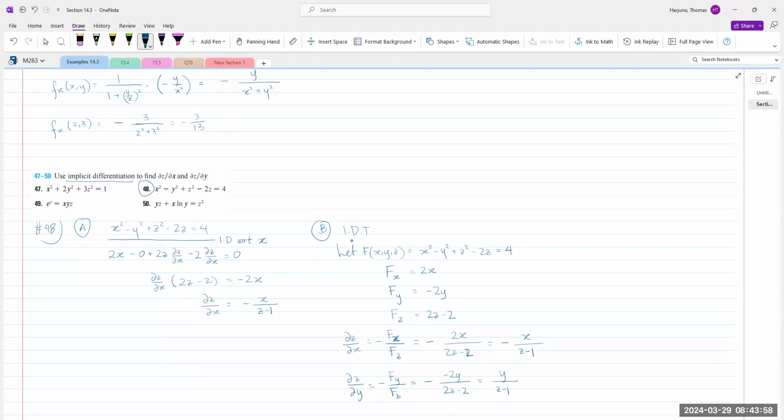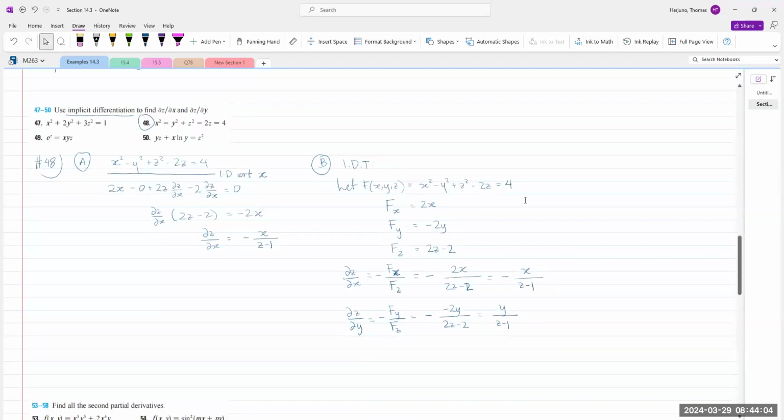Now you see that doing it by the implicit differentiation theorem seems to be shorter, okay? But of course, if you want to do it the long way, that's not wrong, right? But get ready for making silly mistakes. When I say silly mistakes, it's a mistake that is easily made even by somebody who is very mature mathematically.